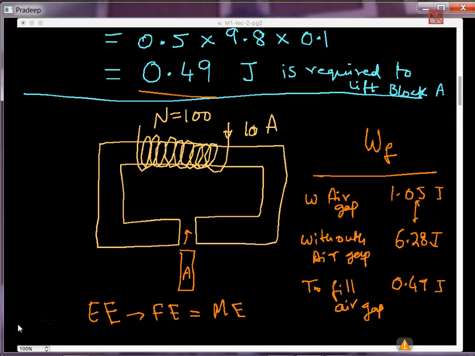So finally the conclusion is, because sufficient energy can be gained with the same ampere turns, so I'm having sufficient energy to lift the object up. So this is the final conclusion. So any doubts about this?